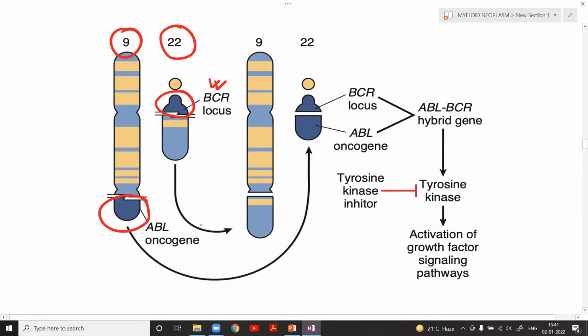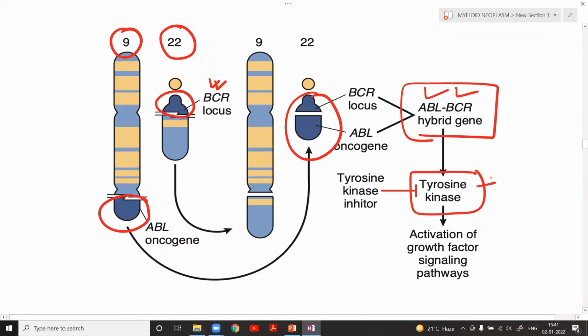So what is happening is that there's a 9;22 translocation, wherein this ABL fragment is going and combining with the BCR locus, and they are forming a fusion gene called the BCR-ABL hybrid gene. Now this BCR-ABL hybrid gene is encoding a tyrosine kinase that is constitutively active.